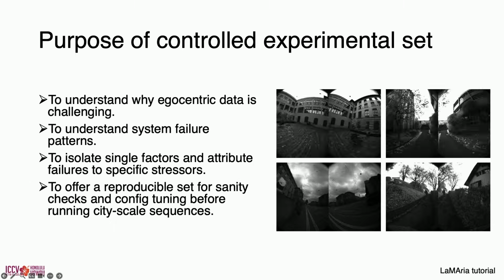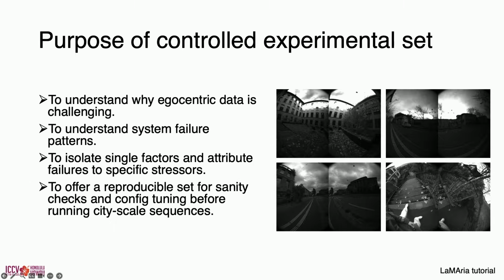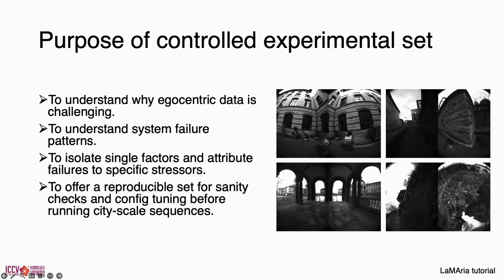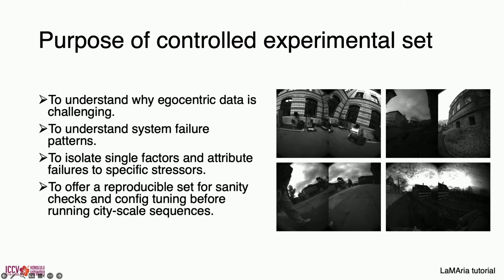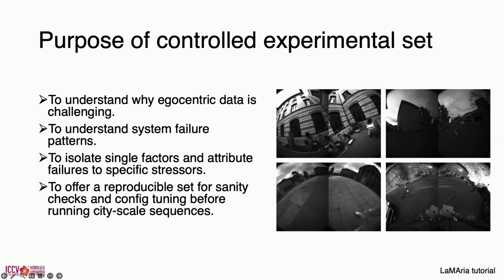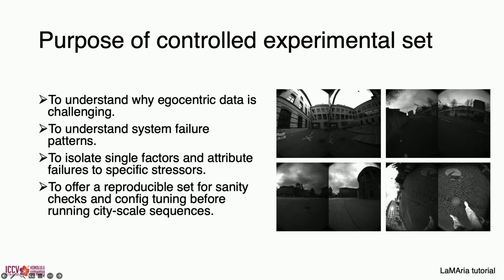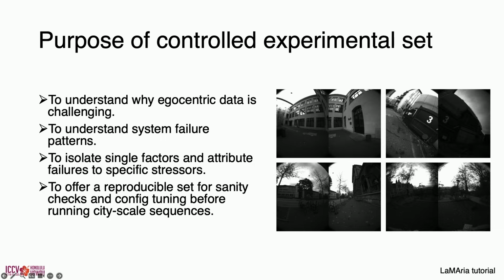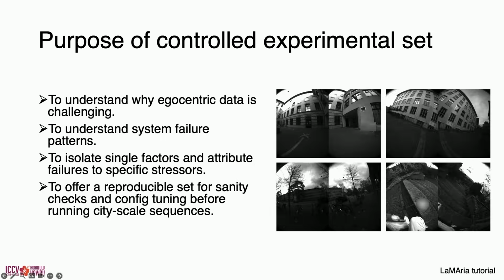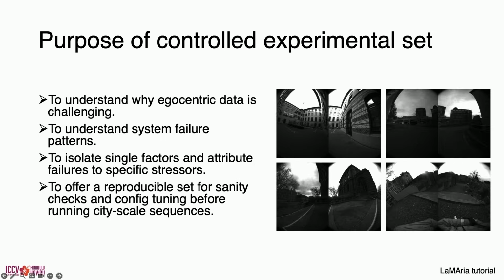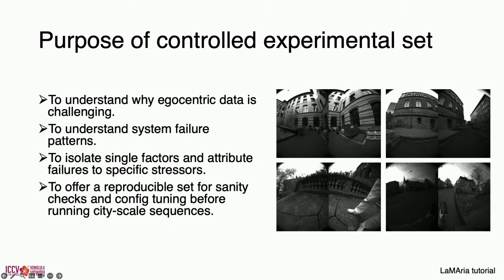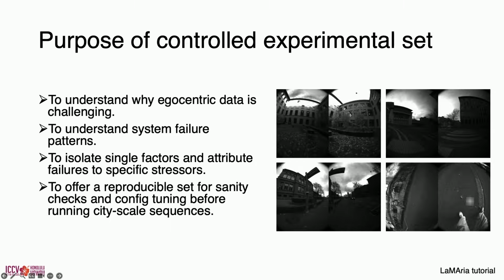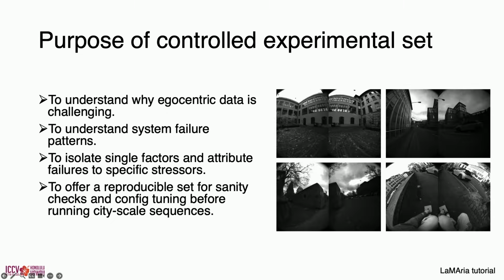So this served as our debugging set of sequences to first understand why egocentric data is challenging, to see the patterns of system failure, especially in these open source systems, and to offer a reproducible set of configuration tuning and sanity checks about whether we've actually set up our open source baselines correctly. This is a short set of sequences with different levels of difficulty.